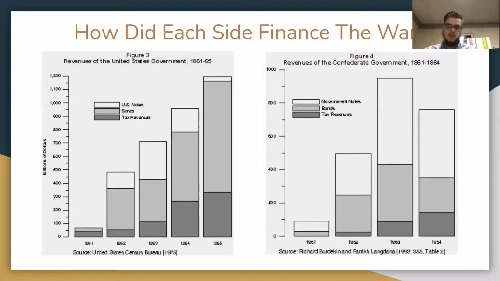So when I wrote down for the number 7, I said use figure 3 and use figure 4. How did the North and South find revenue? So I just mentioned that they all use bonds, taxes, and notes. I said that the North was primarily focused on those 3 in that order, whereas the South was focused on the 3 in a different order, which would be banknotes, bonds, and then tax revenues.